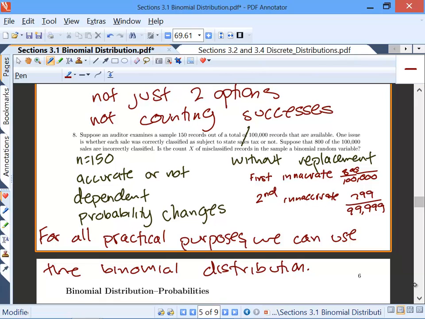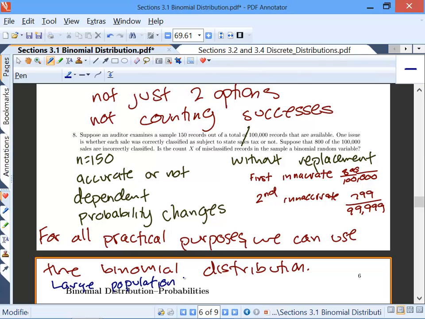So there isn't any kind of lower bound on that. We're just saying for large populations compared to sample size. The rough rule of thumb that I've seen in some books, and different books give different rules of thumb, is that the population is 20 times larger than the sample.